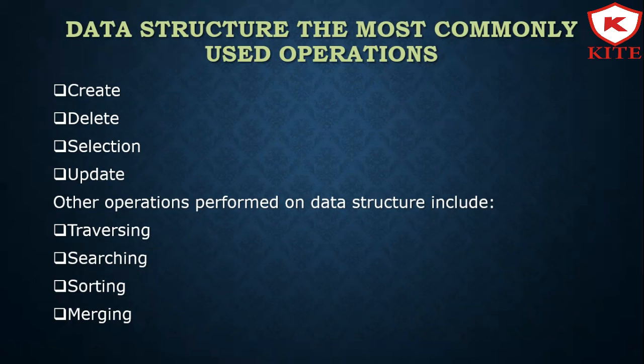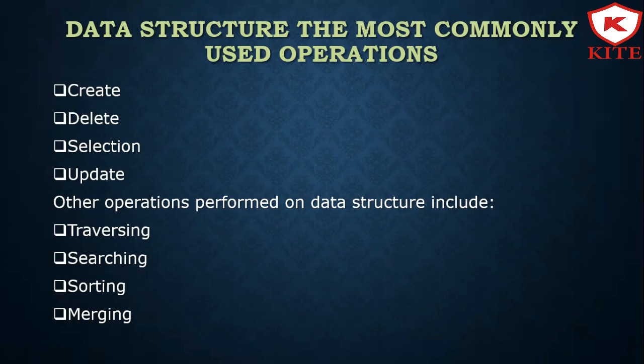Deletion operation. On the other hand, deletion operation destroys the memory space allocated for the specified data structure. Malloc and free functions are used in some languages. Now the next one is selection.